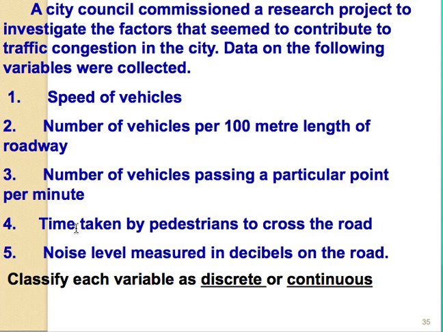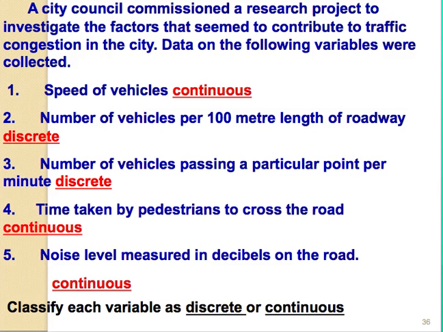You need to take 15 seconds and look at each variable and classify it as discrete or continuous. If I'm going too fast, you can pause the recording and click continue whenever you're ready.